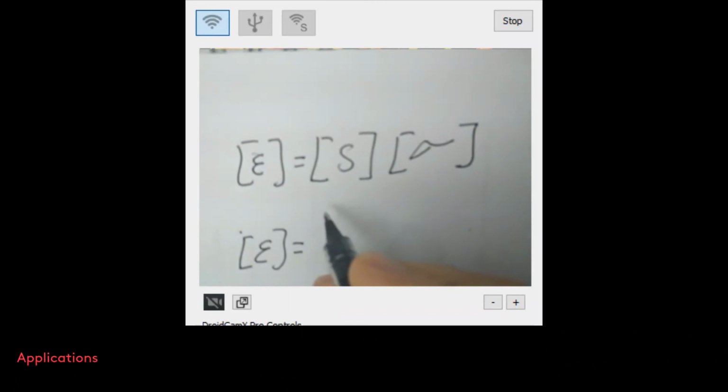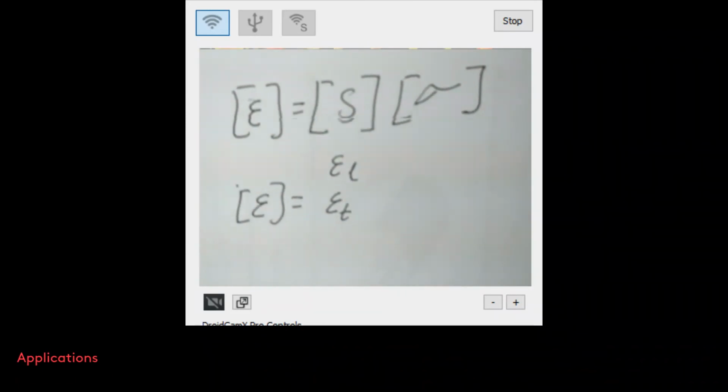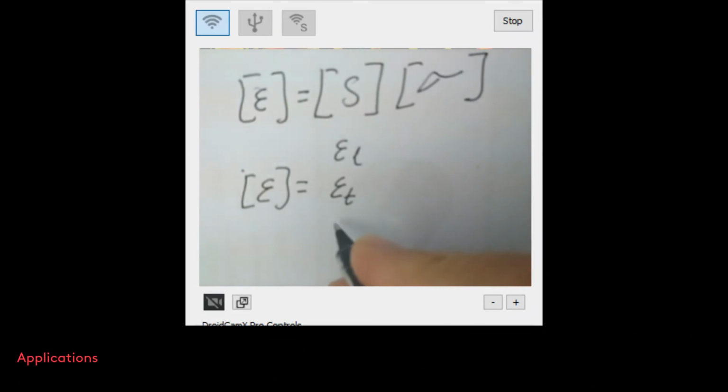In case we attach the coordinate system to the fibers, we have the strain in the direction of the fibers, we have the strain perpendicular to it, so the transverse strain and the shear strain.